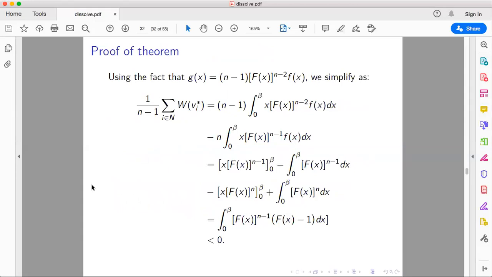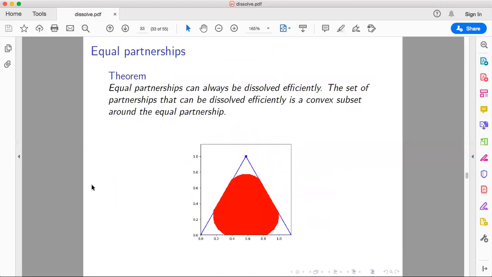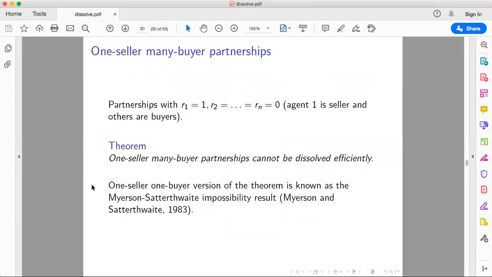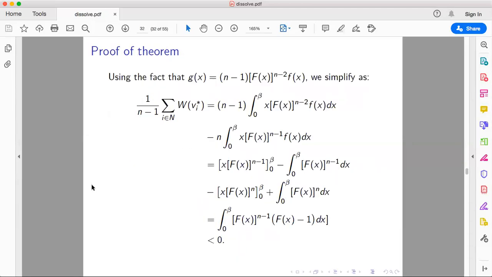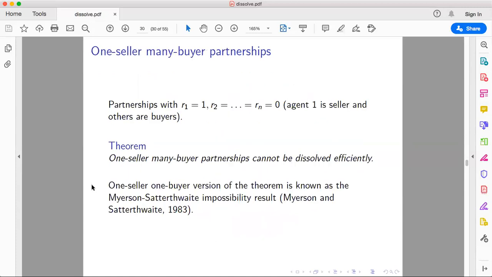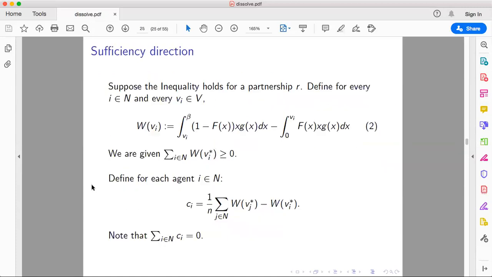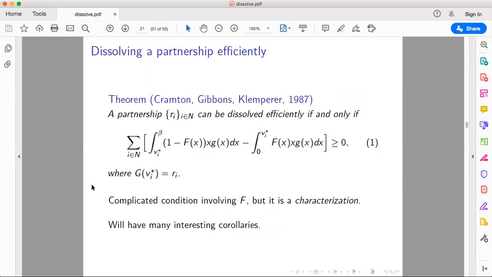Right, so this is the impossibility result. Here is a possibility result. The possibility result says that symmetric partnerships can always be dissolved efficiently. Symmetric means all the Ri are equal to 1 by n.